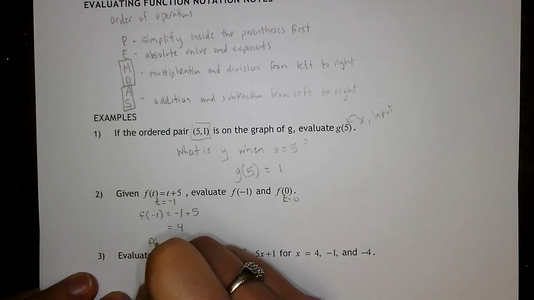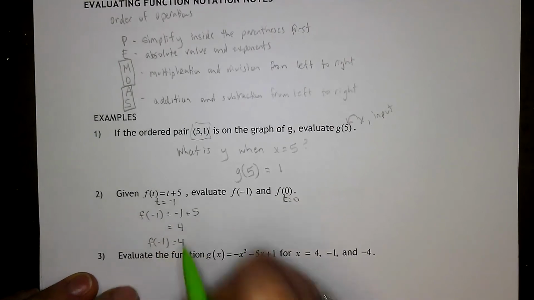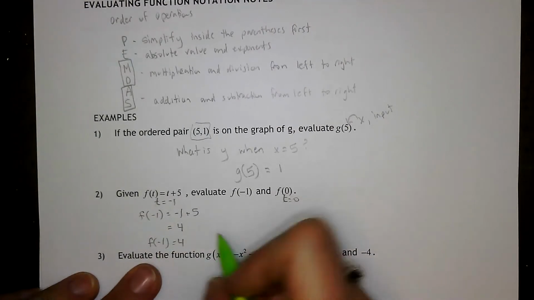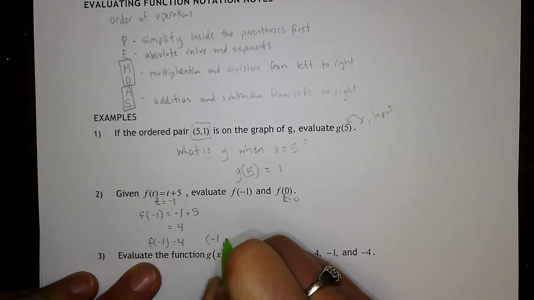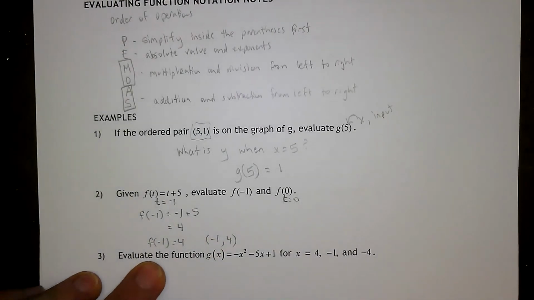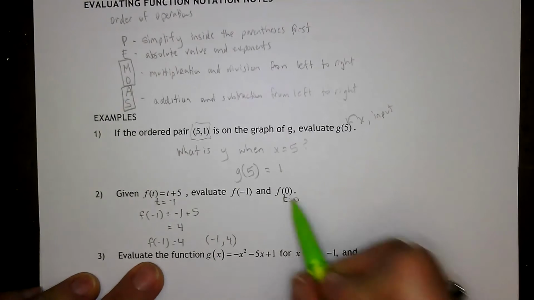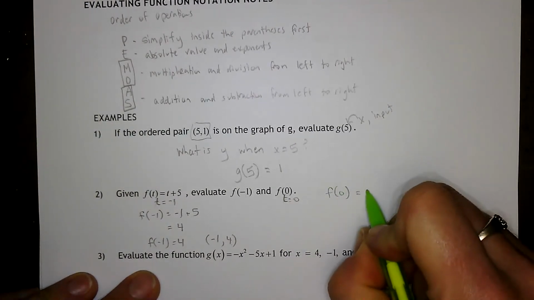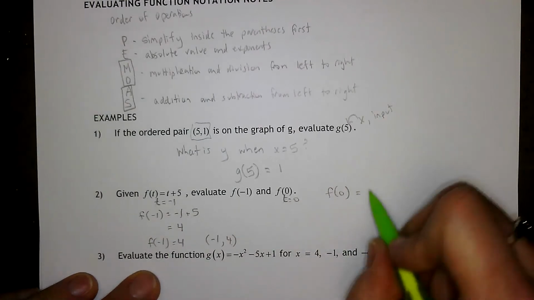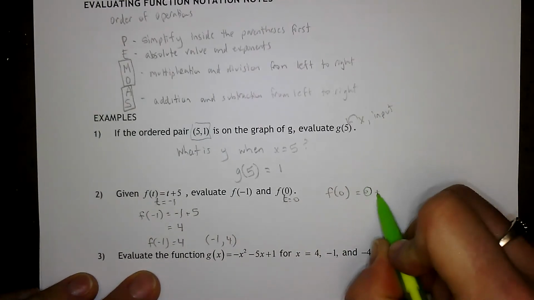So f of negative 1 is 4. And that also correlates or translates to the point negative 1, 4. Our independent variable is negative 1. Our dependent is 4. And we just get to do it again. F of 0 is, instead of t plus 5, we're going to put 0 plus 5.